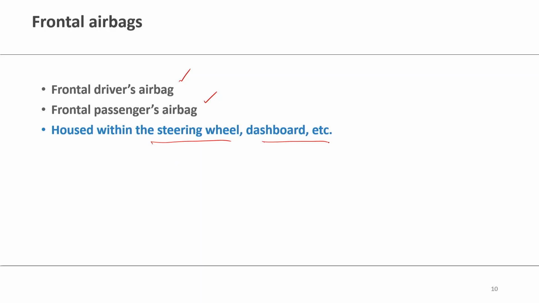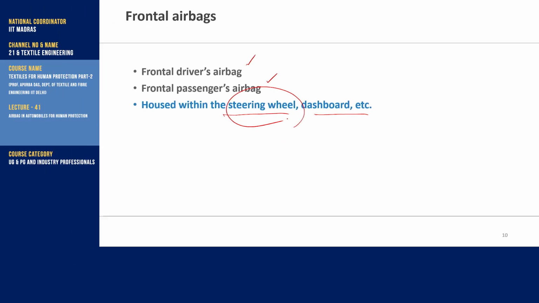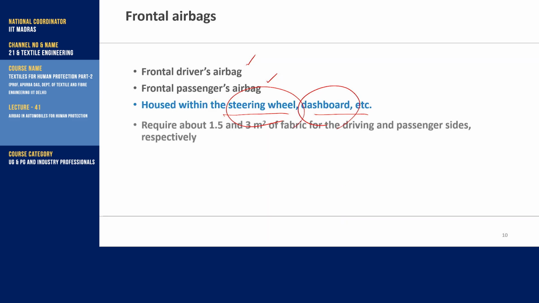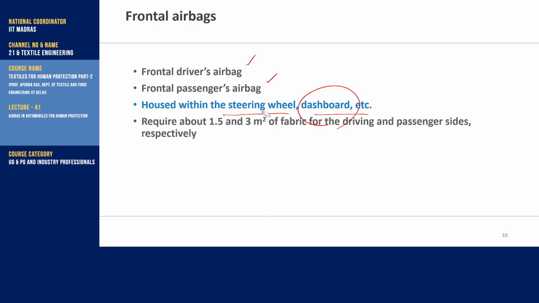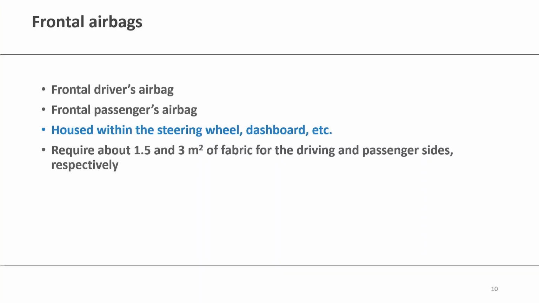For the driver the frontal airbag is housed in the steering wheel, and for the frontal passenger it is in the dashboard, which will protect the frontal passenger or the driver.